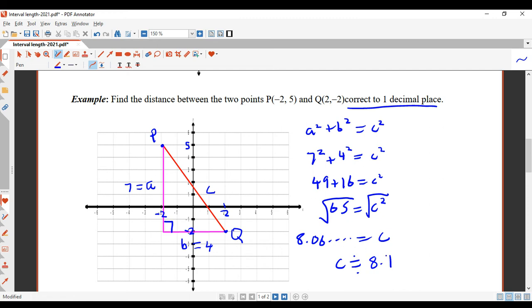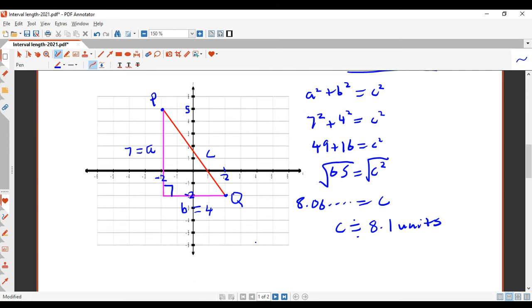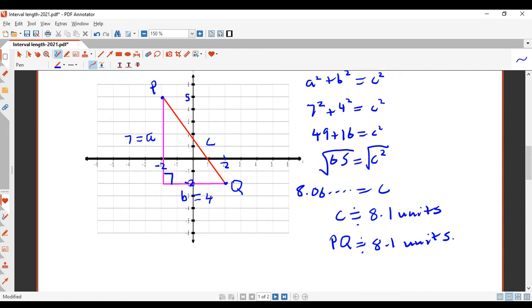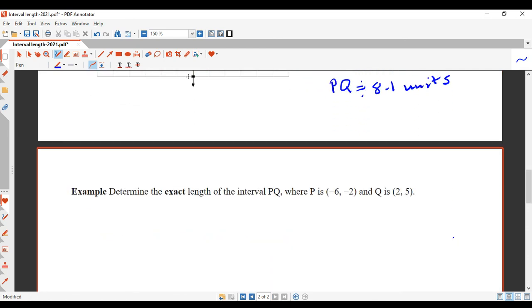And you should put units, I guess, because that's the length. All right, now you could also write PQ is approximately equal to 8.1 units in length. Okay. Copy that down, and let's have a look at the last one.